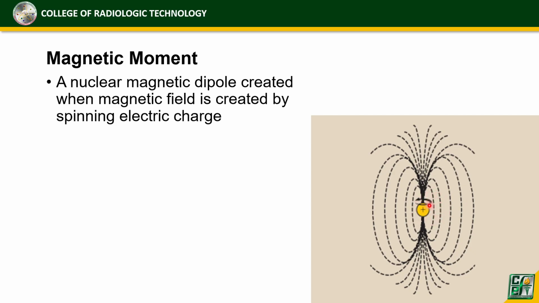Paano siya naging dipole? Kasi siya ay dalawa yung polar, yung pole. Okay? So di ba? Ang ating positive charge ay outward. So pa-outward yung direction ng kanyang magnetic field.